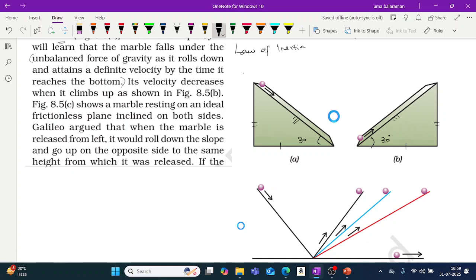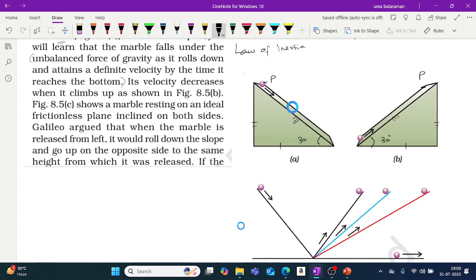Two identical inclined planes he has taken. And then he observed that if he releases the marble from position P, it climbed till P. That's what they are showing.